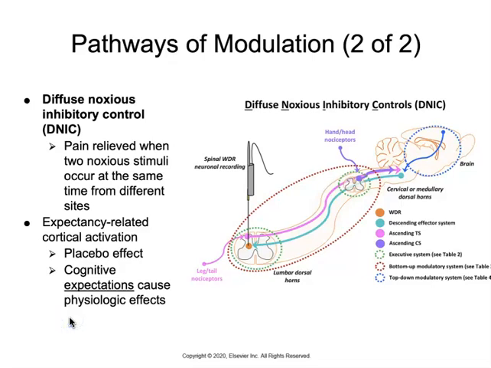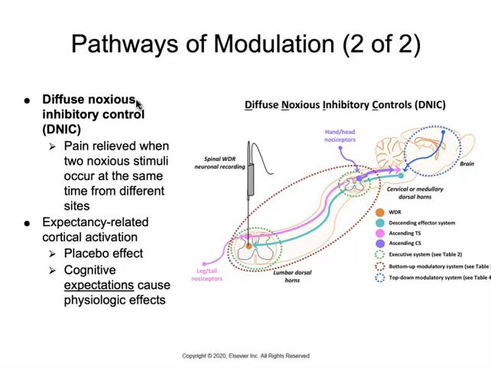We also have our category of conditioned pain modulation, in which we're going to see this diffuse noxious inhibitory control known as DNIC. This is when our pain is relieved when we have two noxious stimuli that occur at the same time at different sites.